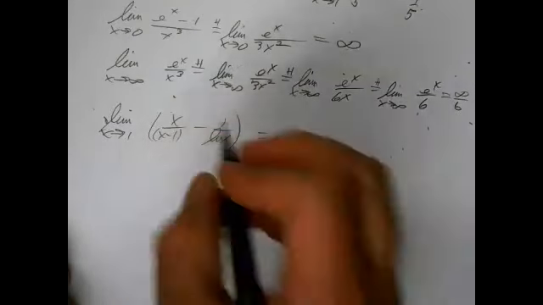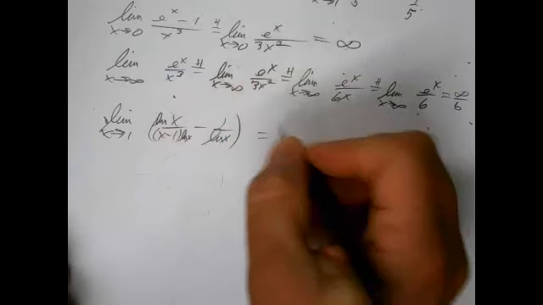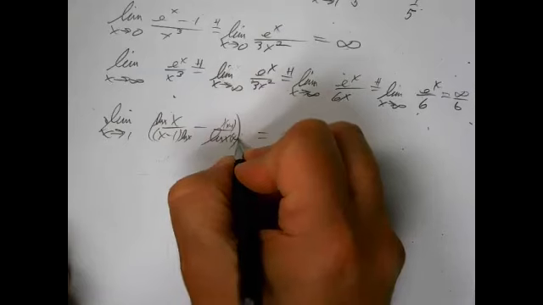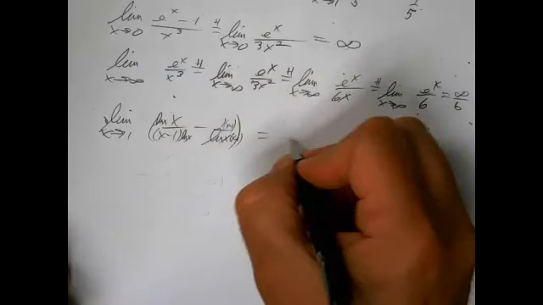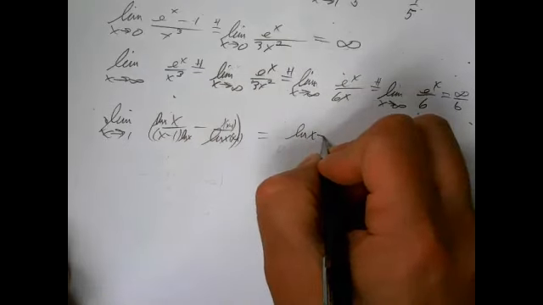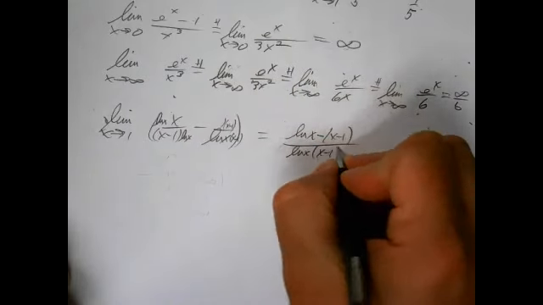Here, I'll multiply by natural log of x, both top and bottom. Here, I'll multiply by an x minus 1, both top and bottom. And I will get natural log of x minus an x minus 1 over natural log of x times x minus 1.